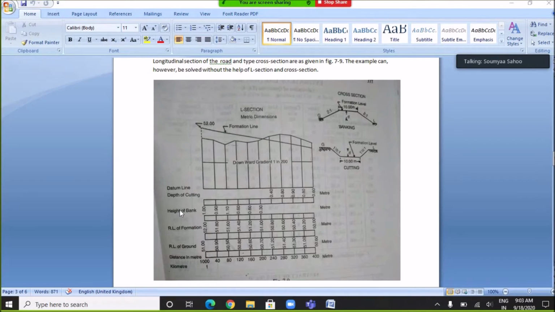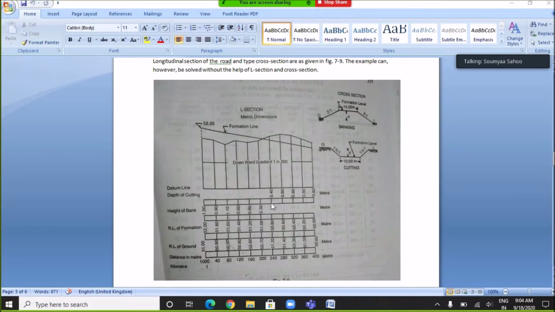See, height of banking is mentioned below the rectangular box. Up to station number 30, the natural ground surface is below the formation level of the road, so up to station number 30, we have to mention all the heights of banking.